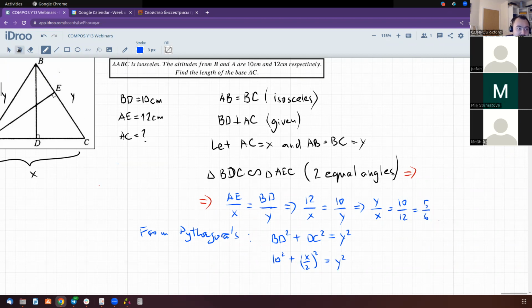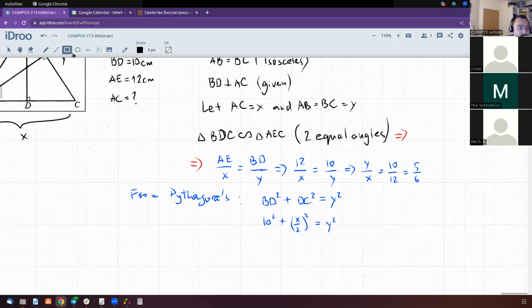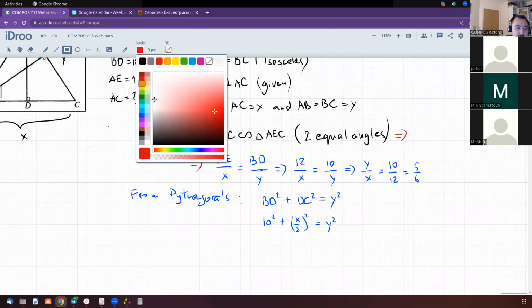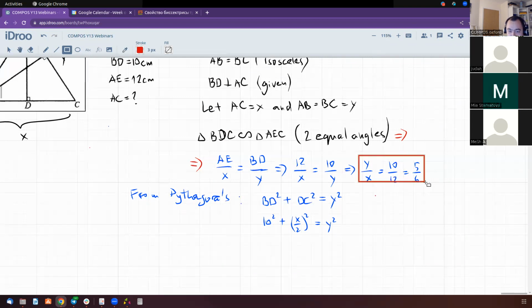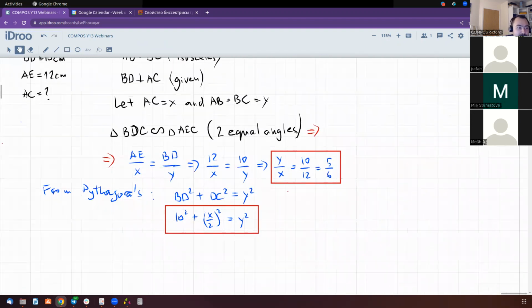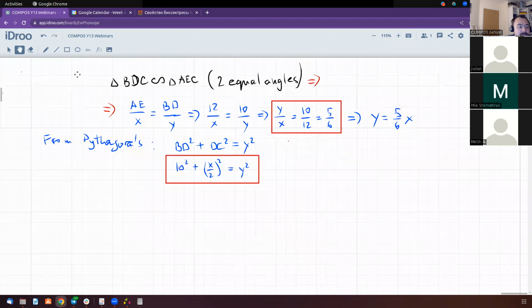And that's our second equation. And now we have two equations with two unknowns, which I'm always trying to point out. Two equations, two unknowns, usually means solvable. So from here, I get y is equal to 5/6 x, and plug that in, we get something decent.